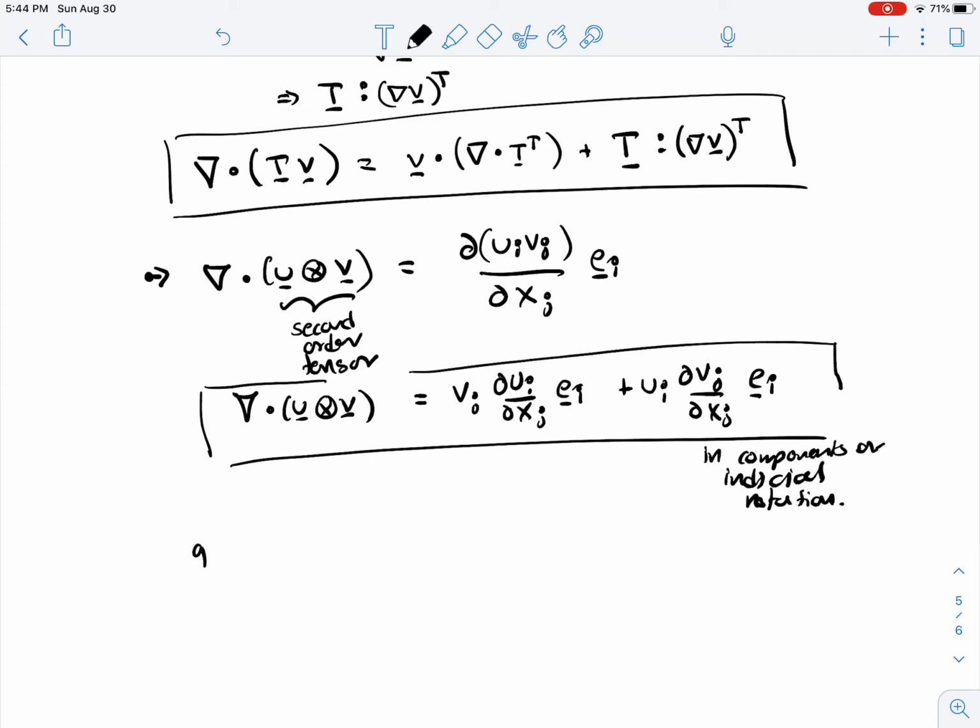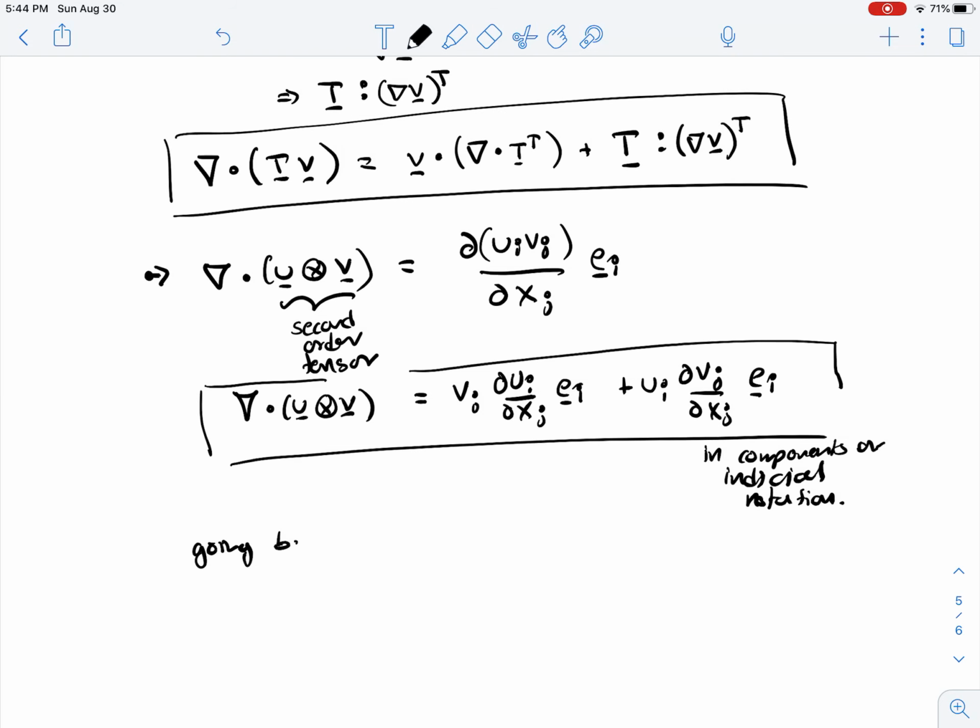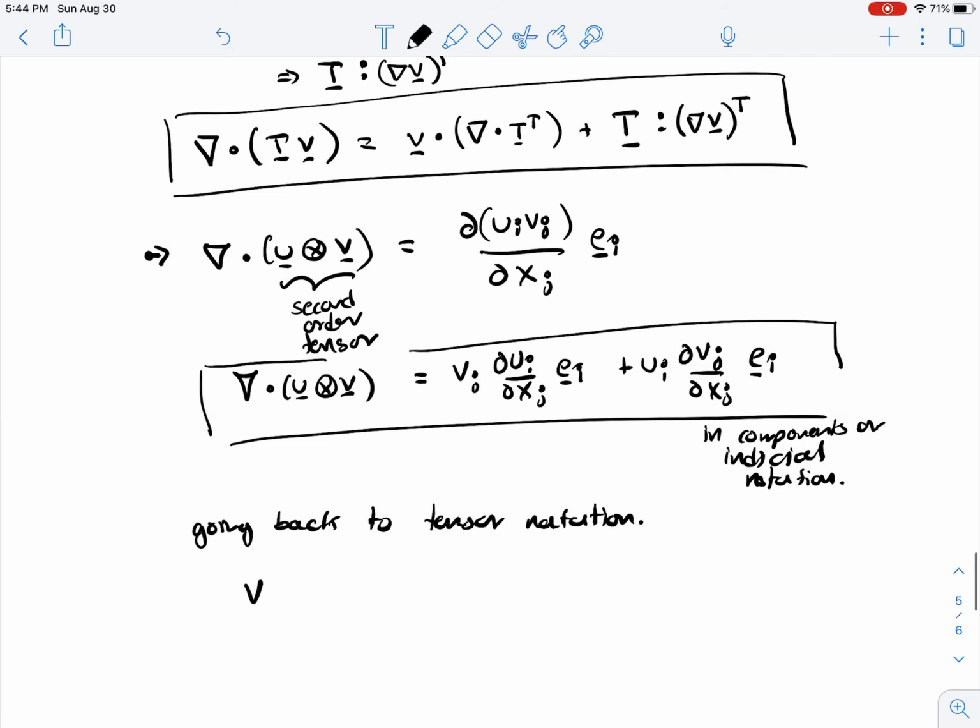But again, what if I want to go back to something that doesn't depend on a basis? Then I need to get rid of the components. So what is Vj dui dxj?